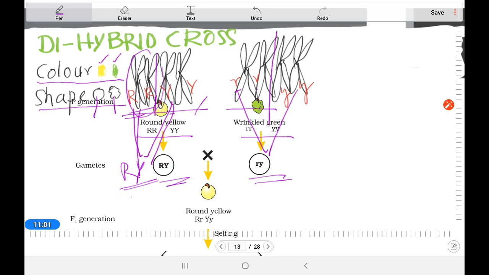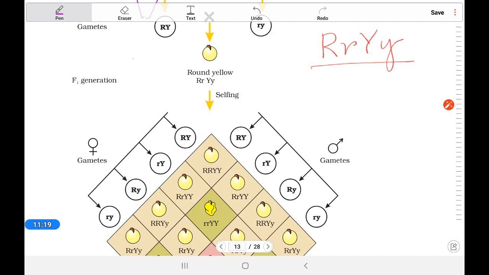Okay. Now the union will take place. We know that all will be round and yellow because the dominant character here is yellow and the dominant character is also round. Now in the F1 generation, when they form gametes for the F2 generation, look at how the gametes can be formed. Already I told you these are two different homologous chromosomes, so the chromosome will go from each.